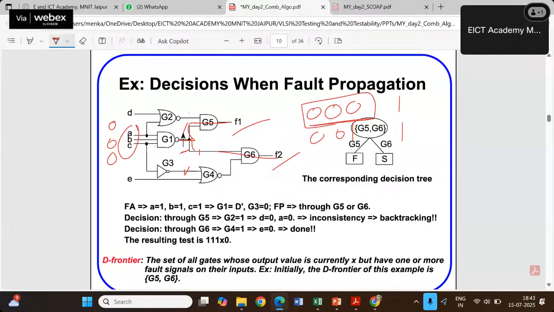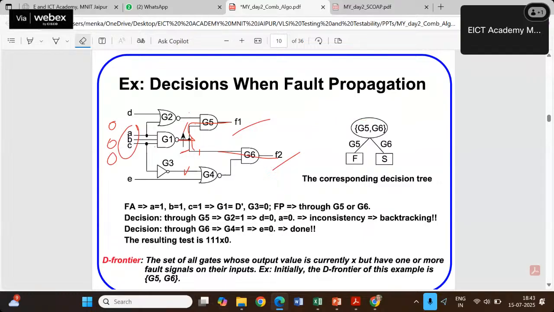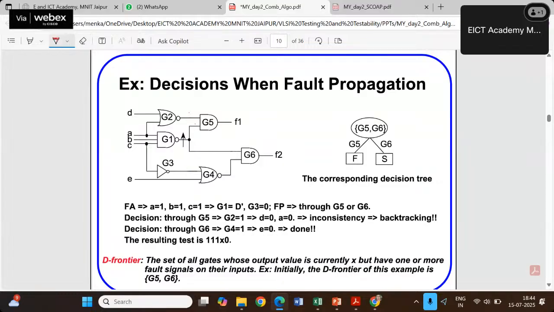Oh, I'm so sorry. It is a stuck-at 1 fault, so I have to make the NAND gate output 0. For a 0 output of the NAND gate, there is only one combination. All of the inputs are expected to be 1, 1, 1.